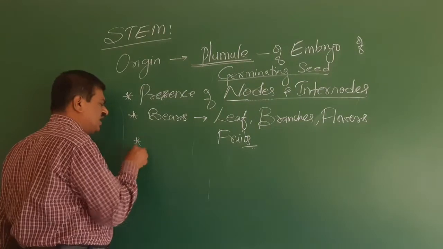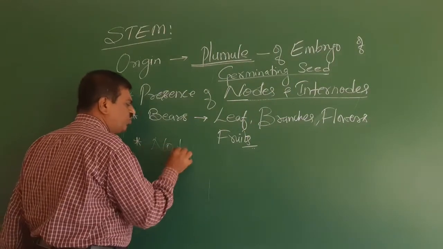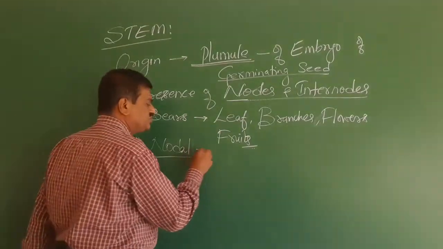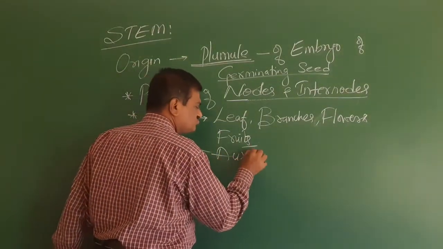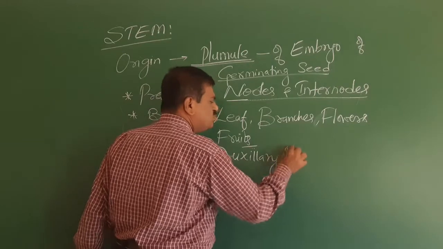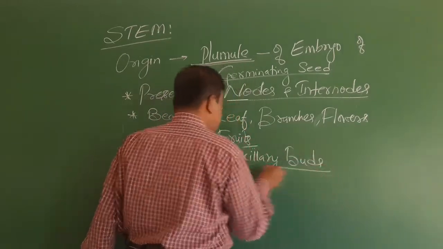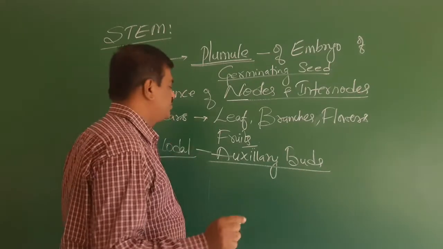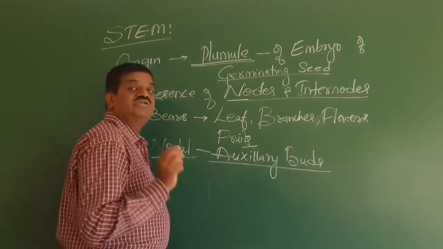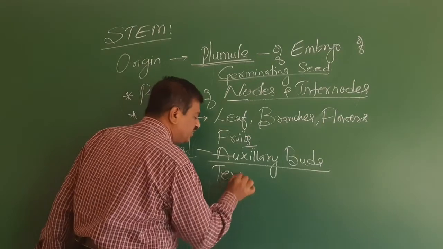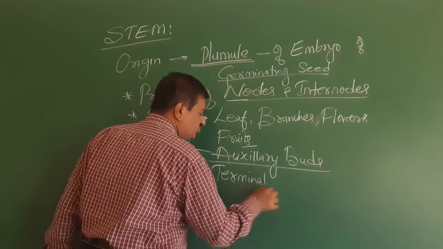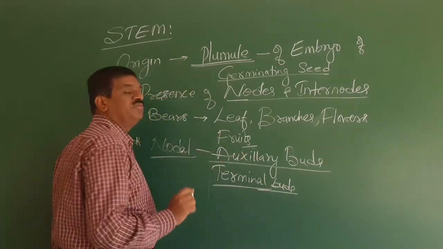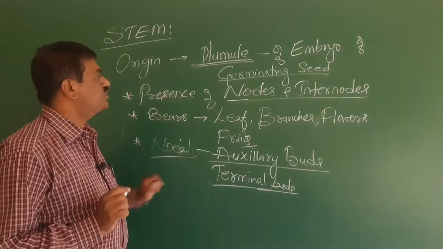And at the nodal region the stem also has axillary buds. So axillary buds may be present; sometimes they are present at the nodal region, sometimes at the terminal. So there is a presence of terminal buds or axillary buds in the stem.